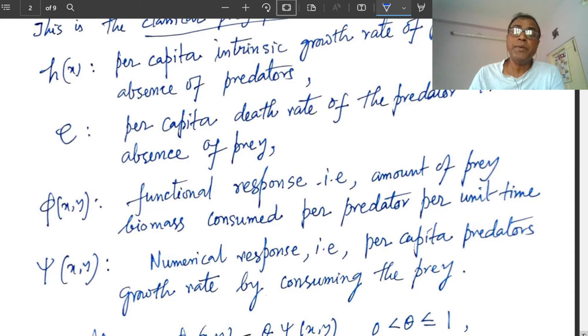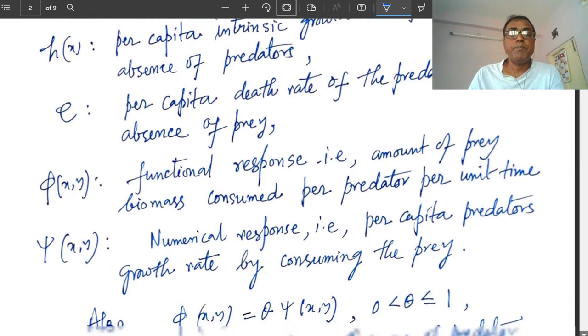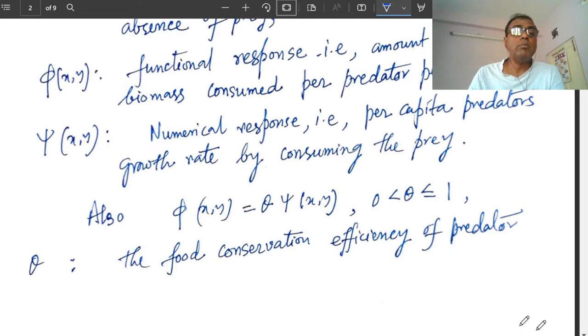The amount of prey biomass consumed per predator per unit time, this function is phi. And another function psi is the numerical response, that is the per capita predator growth rate by consuming the prey. Also, phi equals theta into psi.